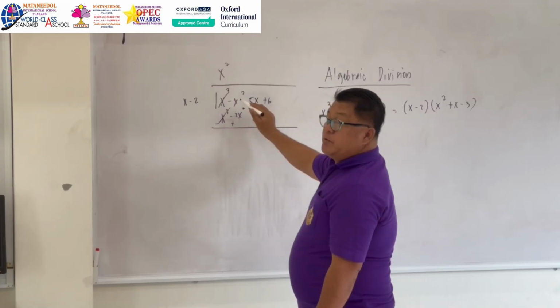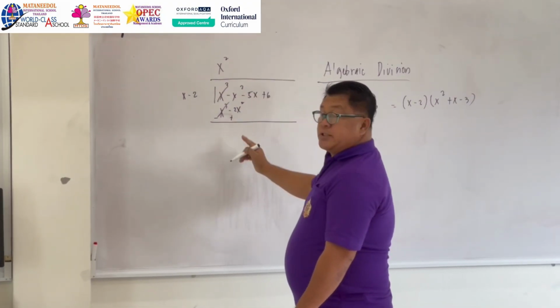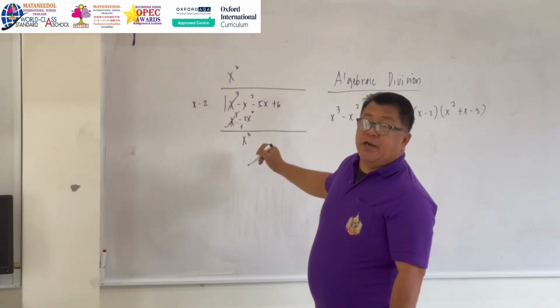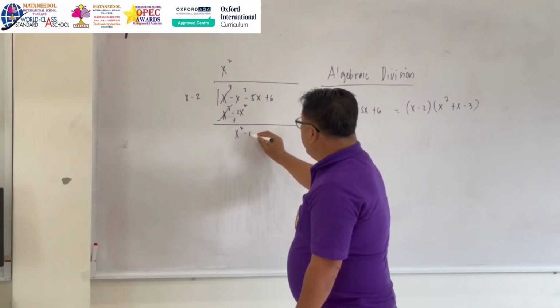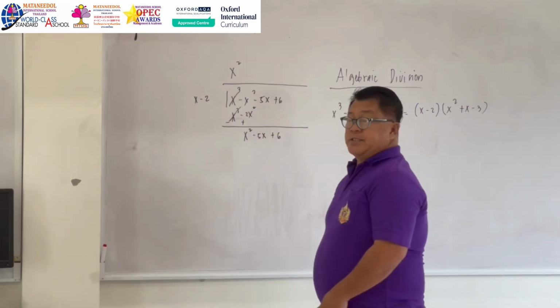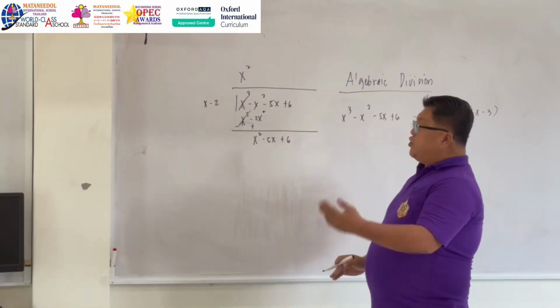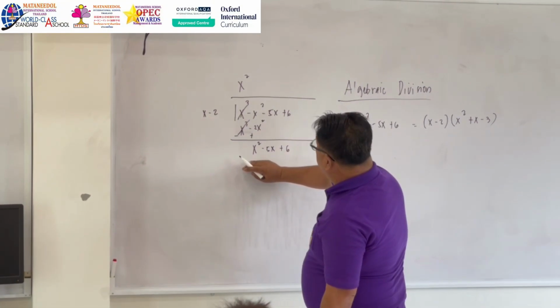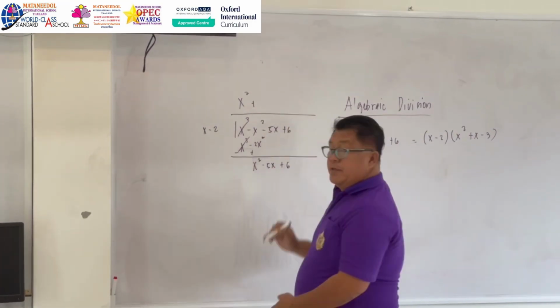Then negative x squared plus 2x will become x squared. Copy the remaining part, so minus 5x. Bring down also 6. Again, proceed to the division. Since this is positive, simply copy positive here.